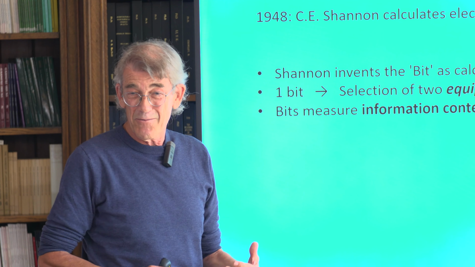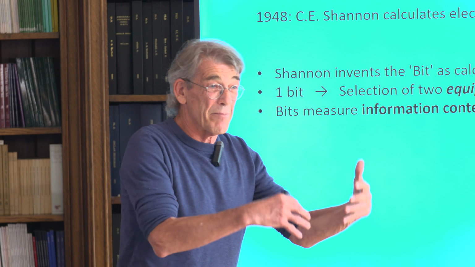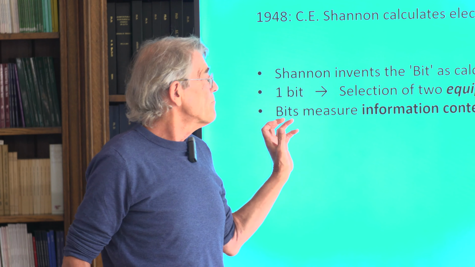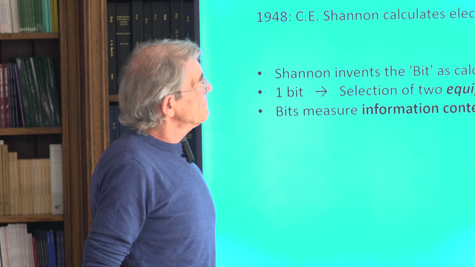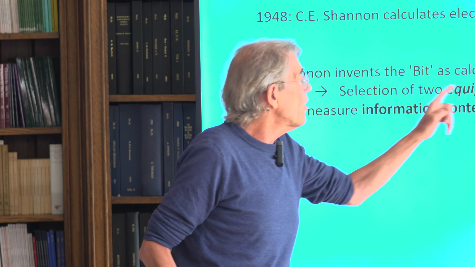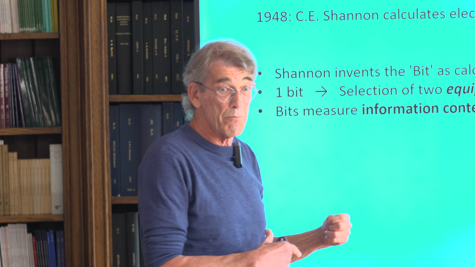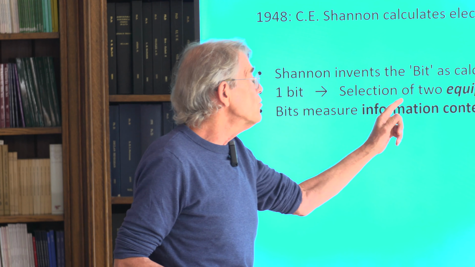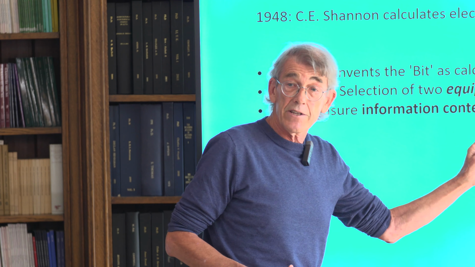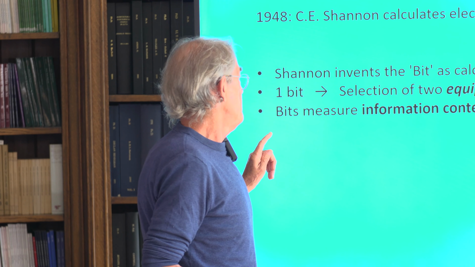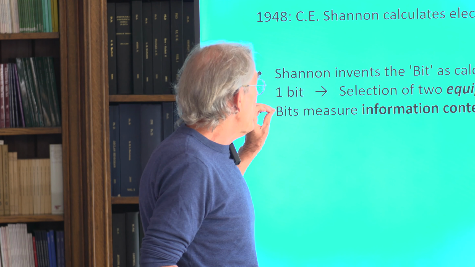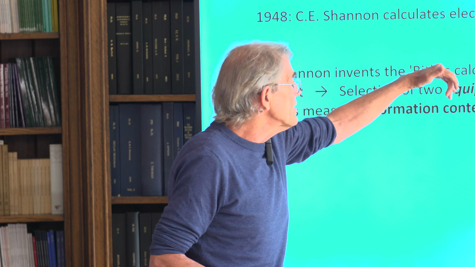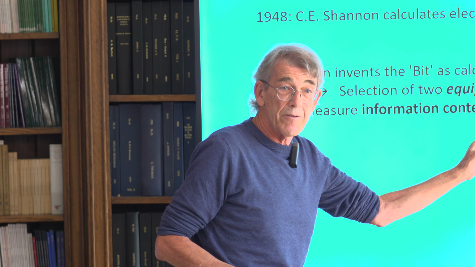It is a joke too, because bit means a little bit, but it's an abbreviation. And it talks about signals, not about meaning. And one bit is a selection of 2 equiprobable states. And bits measure the information content as entropy.